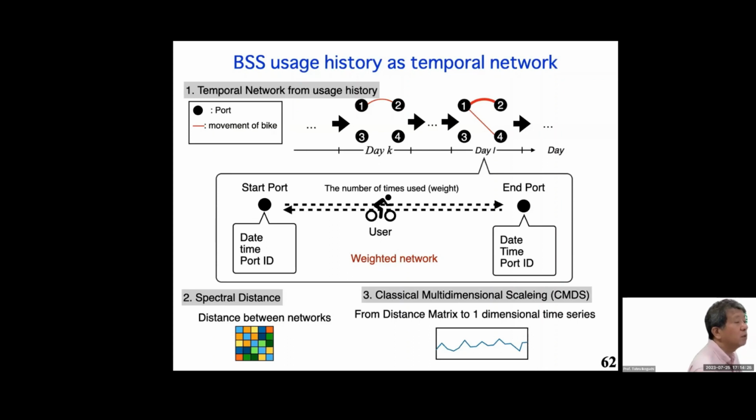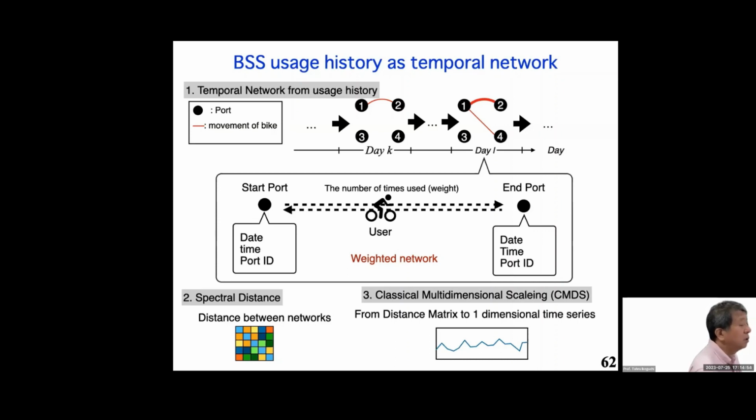If there is a bicycle usage between these ports, an edge is added in the network. And if there is more than one usage, the edges are weighted.